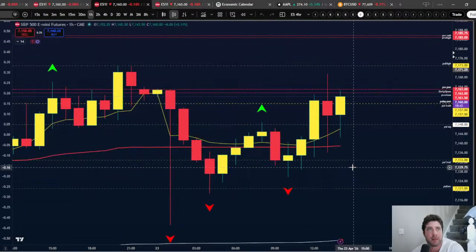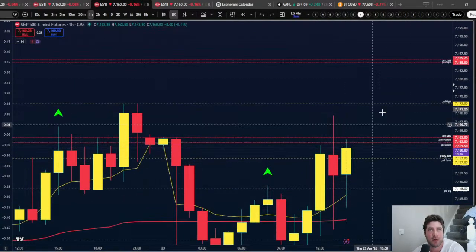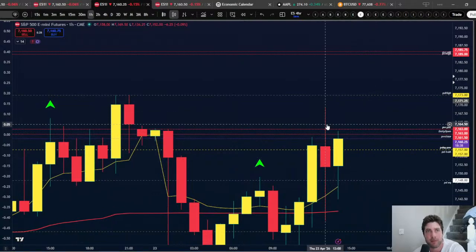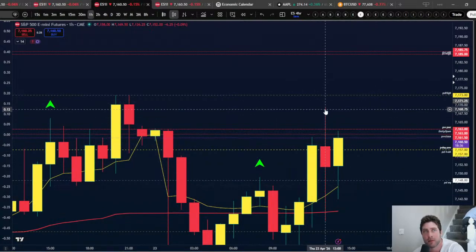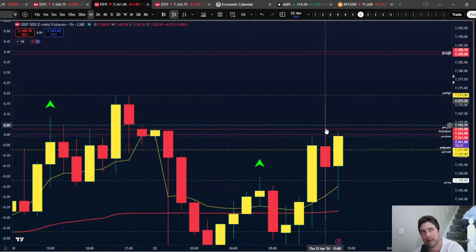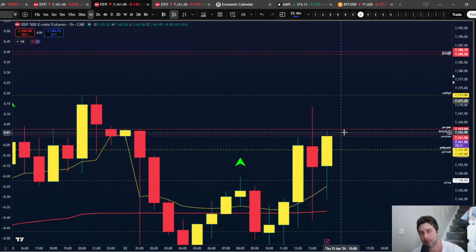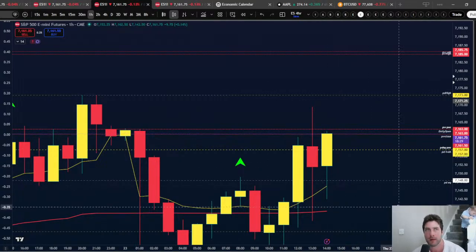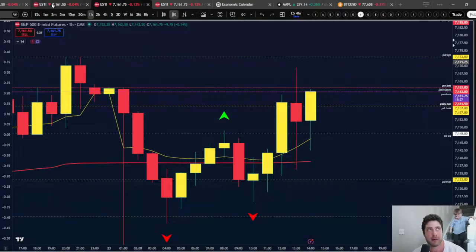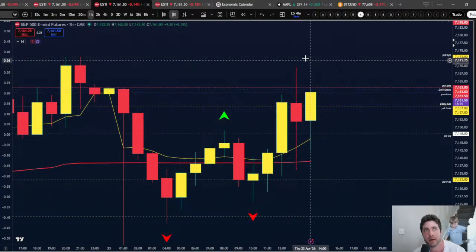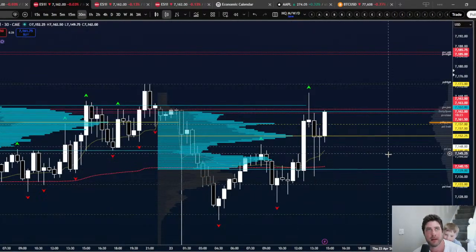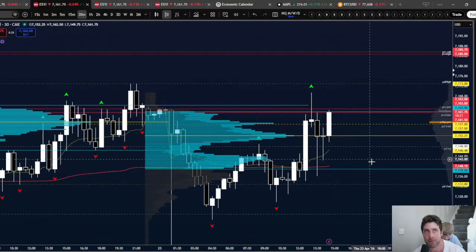One of the reasons why I'm just not keen really to long out of here, if you look to the previous hour, we have a large upside wick, which means there's lots of sellers present in this wick. They're all going to start to fight now to keep price down. So you might get a lot of selling coming in until we get above this wick and invalidate those sellers. You could see a little bit of a back and forth.